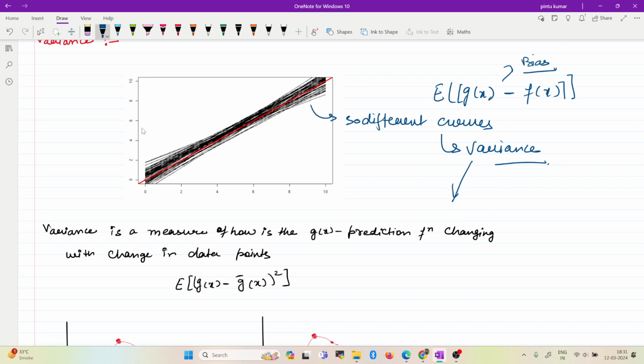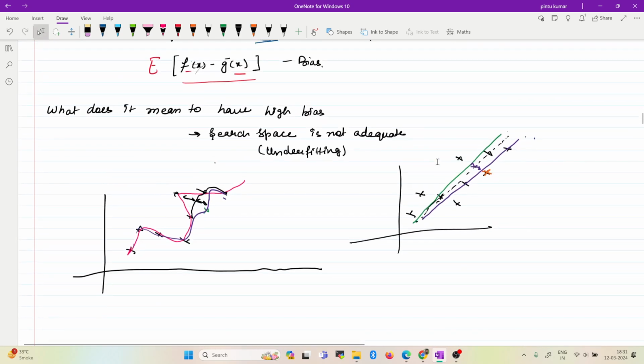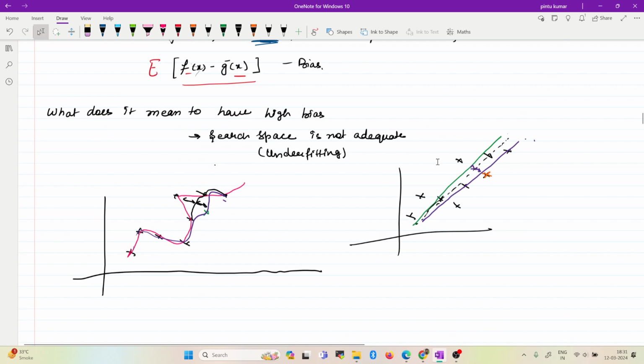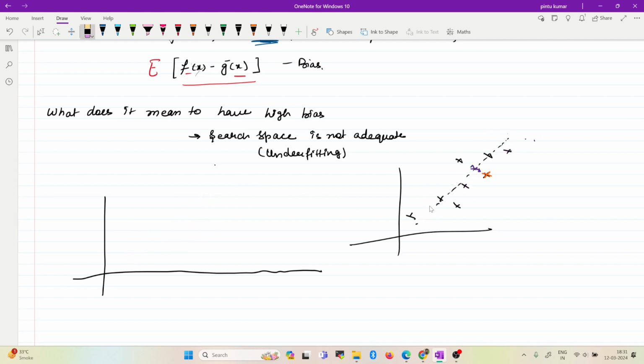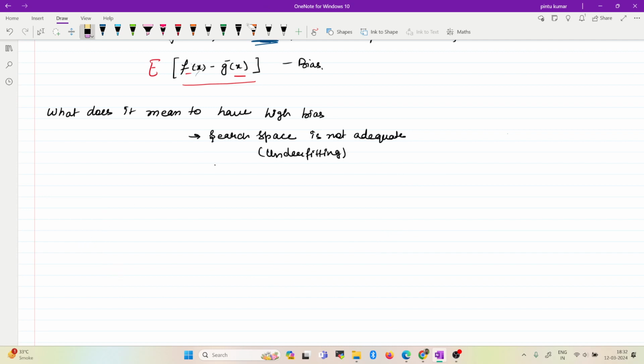I'll try to motivate it using an example. I'll redraw this diagram; I shouldn't have drawn it beforehand.